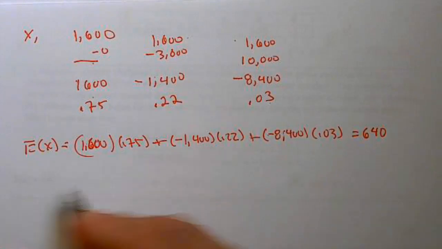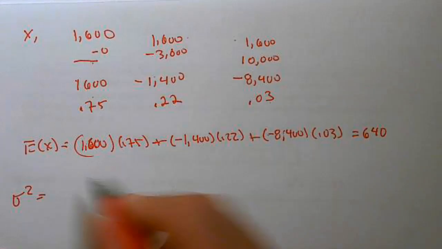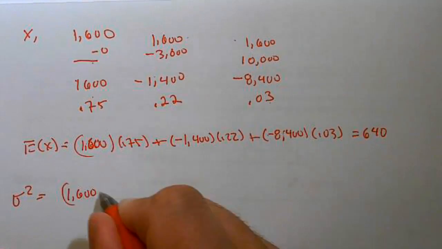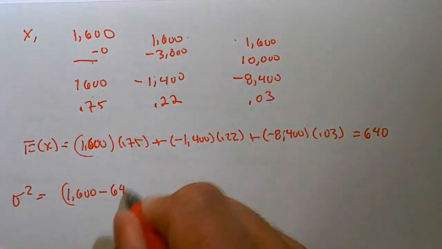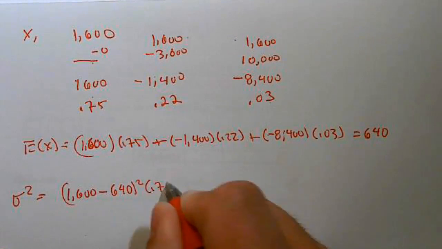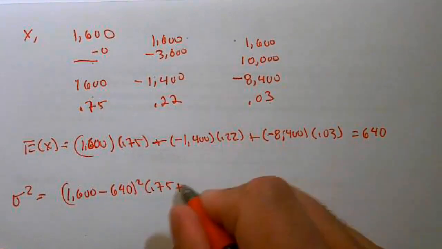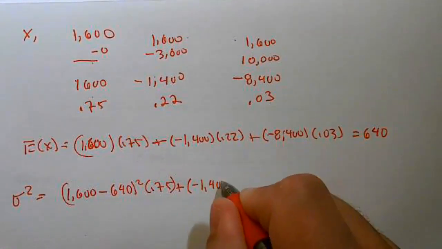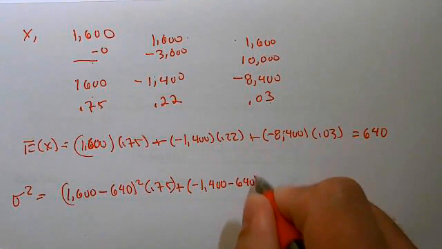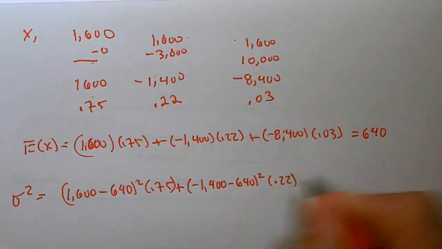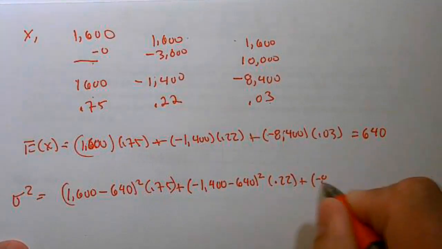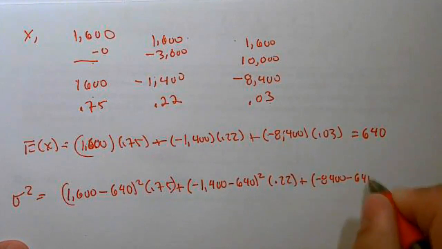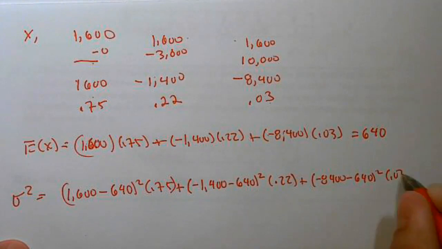The variance is going to be the $1,600 minus the mean, 640, that squared times 0.75, plus a negative 1,400 minus 640 squared times 0.22, plus a negative 8,400 minus 640 squared times 0.03.